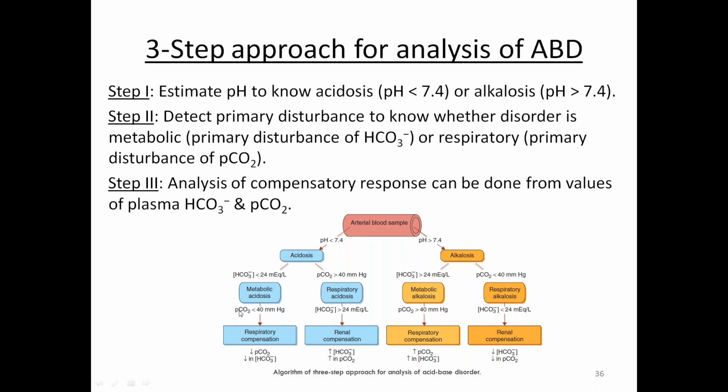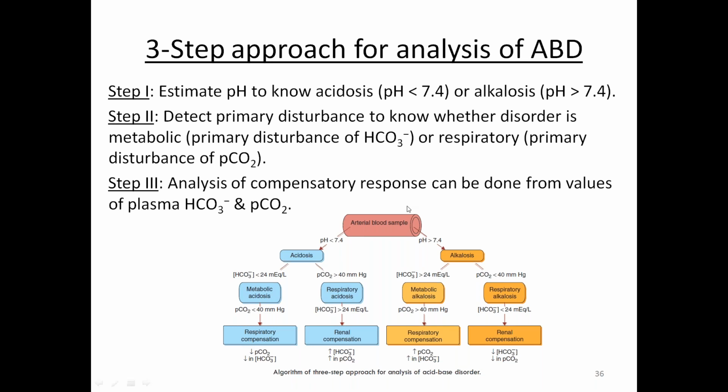So the lower PCO2 is trying to correct the acidosis by compensating, and this is being done by respiratory compensation. So the answer to this question is that this is a case of metabolic acidosis with respiratory compensation.